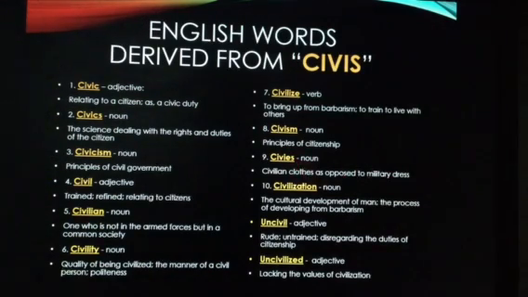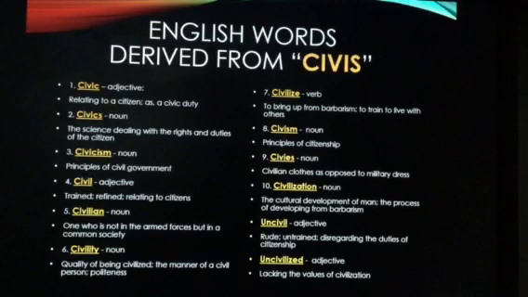Civies, number 9, a noun, civilian clothes as opposed to military dress. That word today also informally means to dress comfortably, to dress down, so to speak. And then you can see other words, civilization, uncivil, uncivilized, all derived from the Latin root civis.